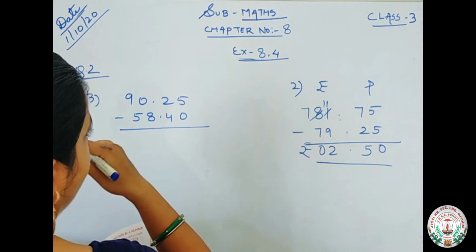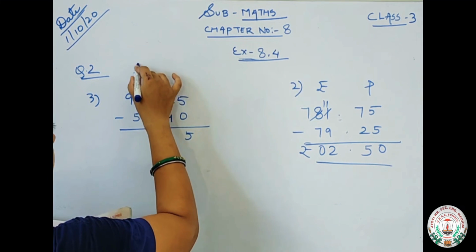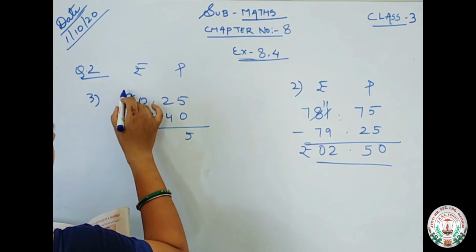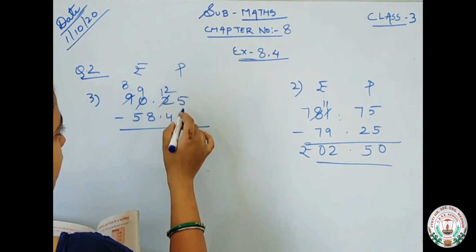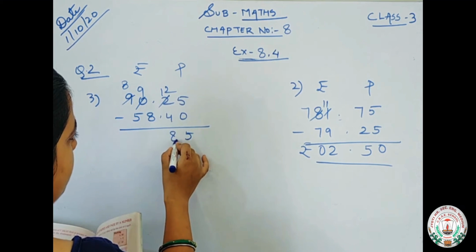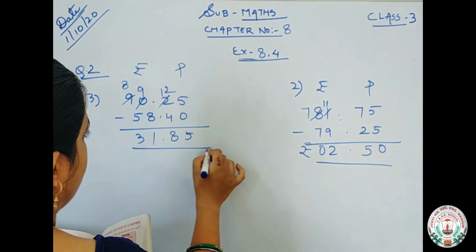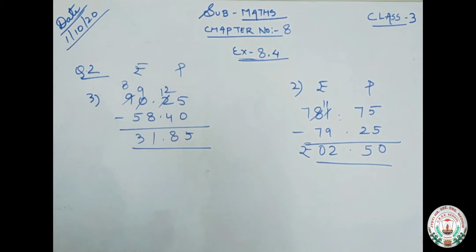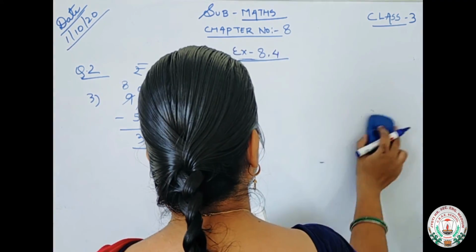Now subtract this. 5 minus 0, 5. 2 minus 4 is not possible, so we will take carry from here. 8, 9, 12. 12 minus 4 is 8. 9 minus 8, 1. 8 minus 5, 3. So what is the answer? Answer is 31.85.